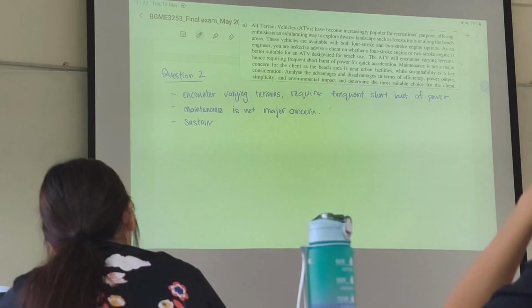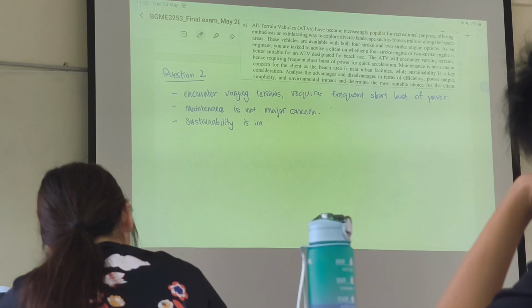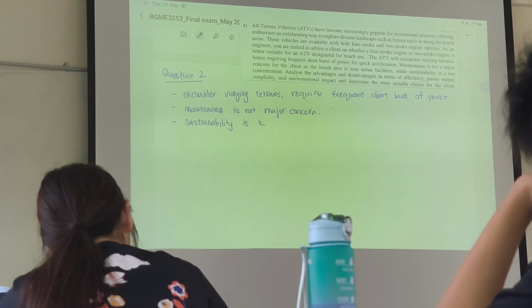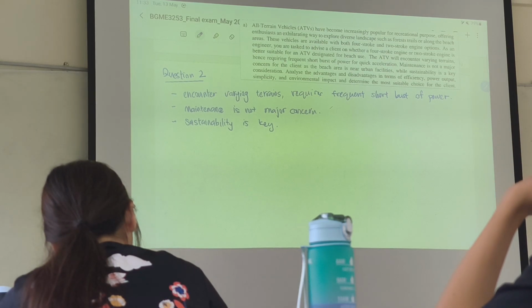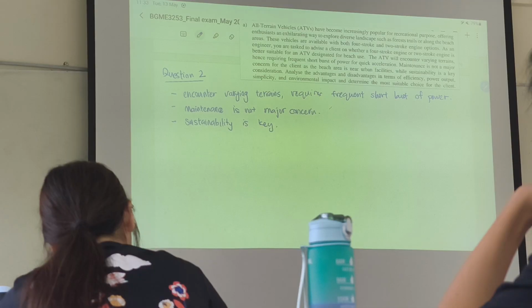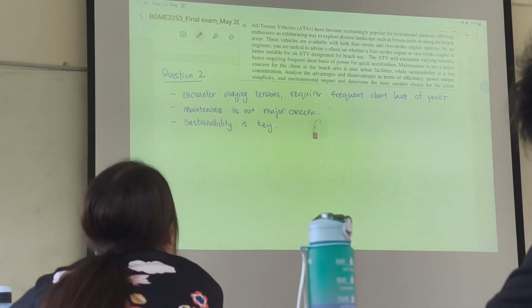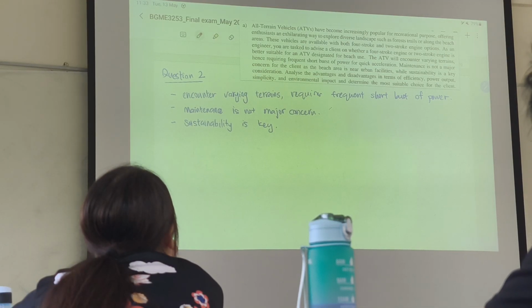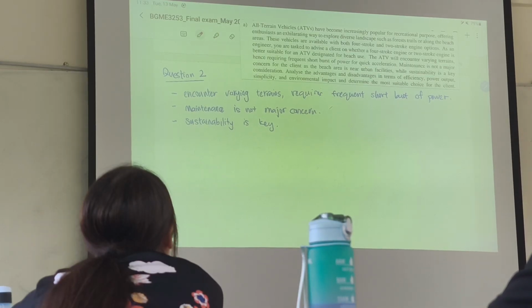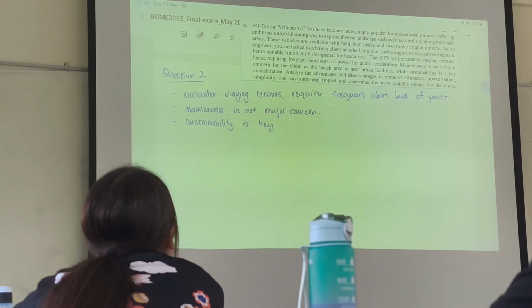Sustainability is important. Okay, so basically you need these three. That's the important part here. So analyze the advantages and disadvantages in terms of efficiency, power output, simplicity, and also environmental impact, and determine the most suitable choice for the client.